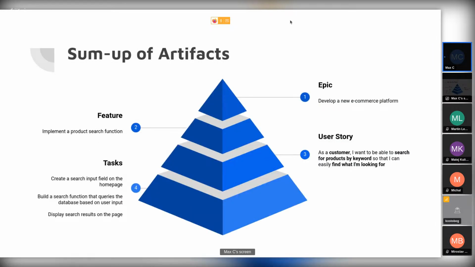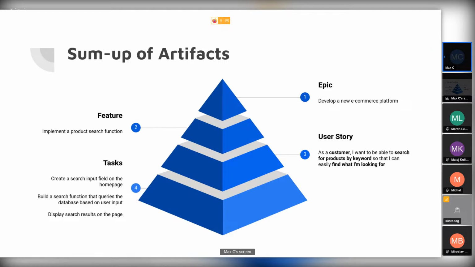I just wanted to make a quick summary of all these artifacts, with a very concrete example. If we take the example of an e-commerce platform, which is quite a big project, but not so huge, in this case we would have only one epic, and this epic would be develop the new e-commerce platform. Then below it would be several features.